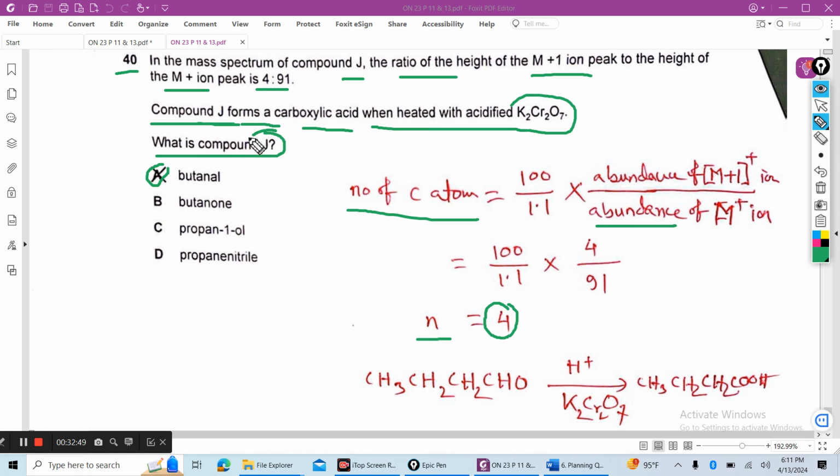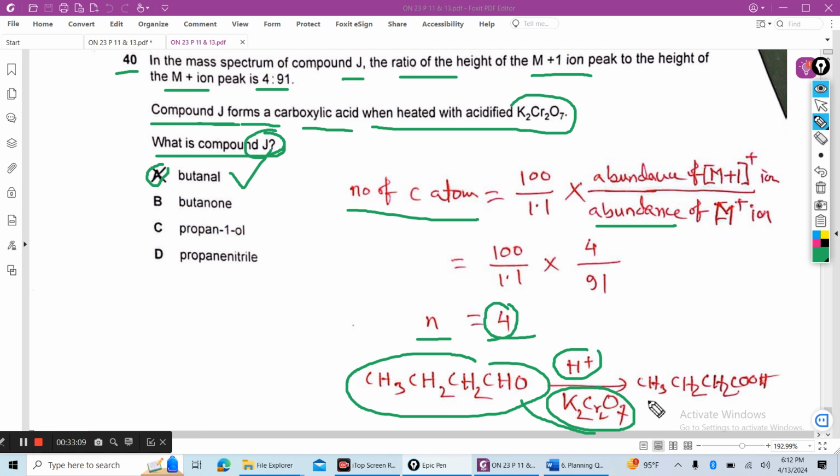So J contains 4 carbon atoms, and the 4 carbon alcohol will be butan-1-ol. So butan-1-ol is oxidized by acidified potassium dichromate to produce butanoic acid. That's why A is the right answer.